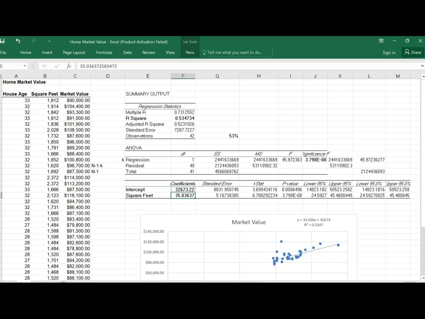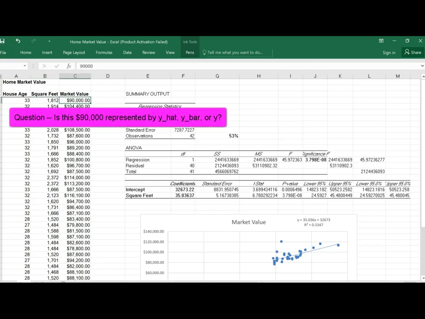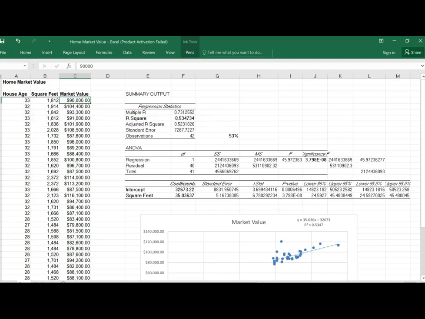The other thing I wanted to do while we were here, because we are right next to the data, is consider this very first house in the data set. What do we know about this house? It has 1,812 square feet, and it has a market value of 90,000. Is this market value of 90,000 Y hat, Y bar, or just Y?